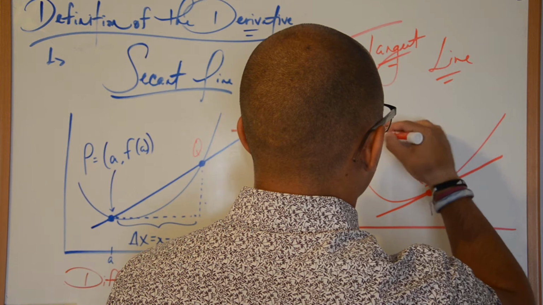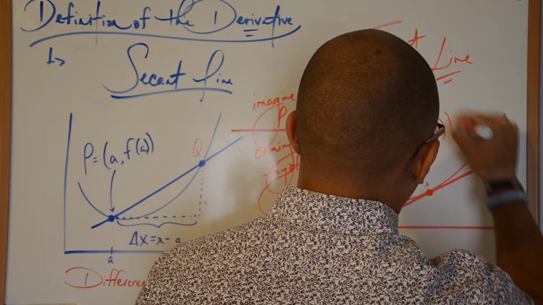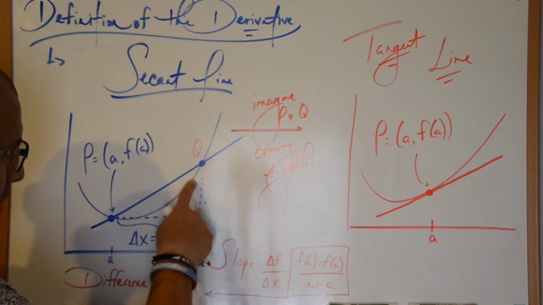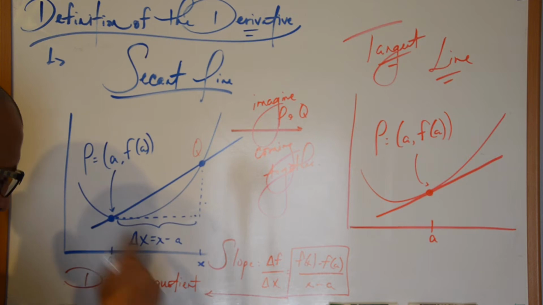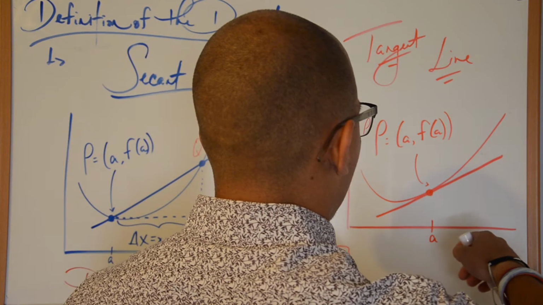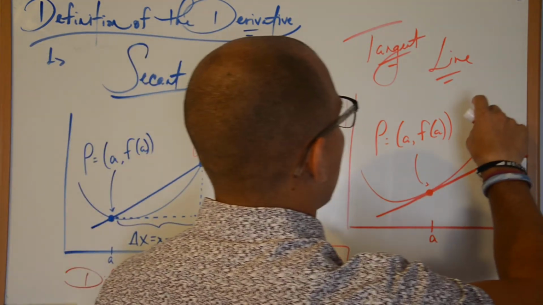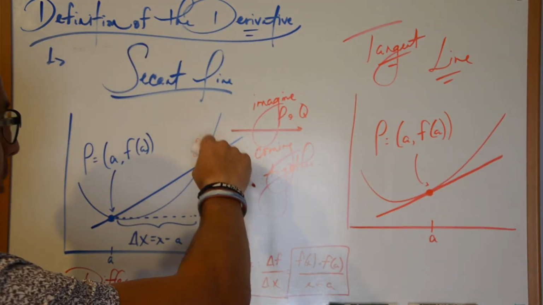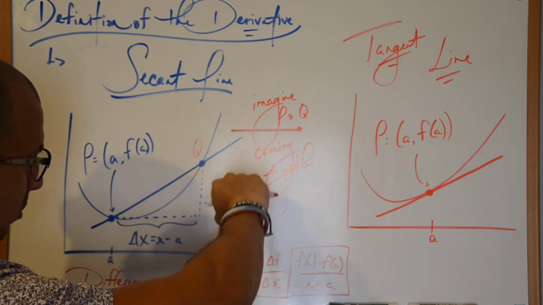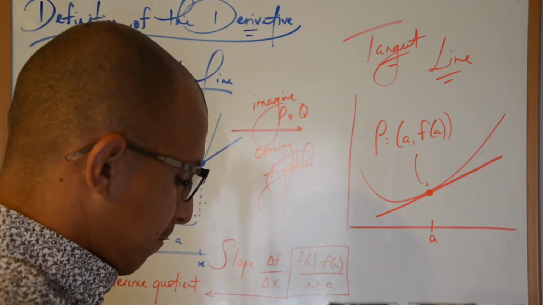So let's define this to be P, which is once again still a, f of a. Q sinks along this function until it's precisely on P. So Q sinks right onto P, and the secant line rotates, shifting downwards slightly into a tangent line.